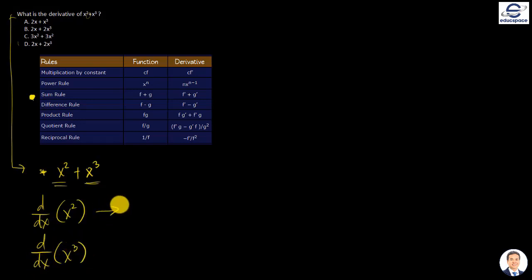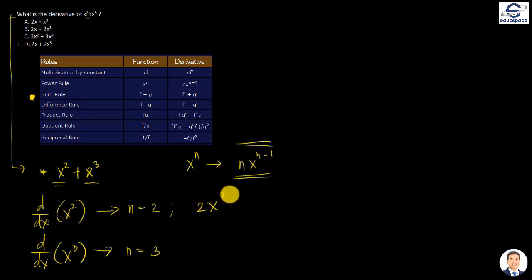Using the power rule, it's simple. In this particular case, in the first term, n is equivalent to 2, while in the second, n is equivalent to 3. Since the power rule says that if we have x raised to n, the derivative is n x raised to n minus 1, this means that we have 2x to the 2 minus 1, which finally gives us 2x.